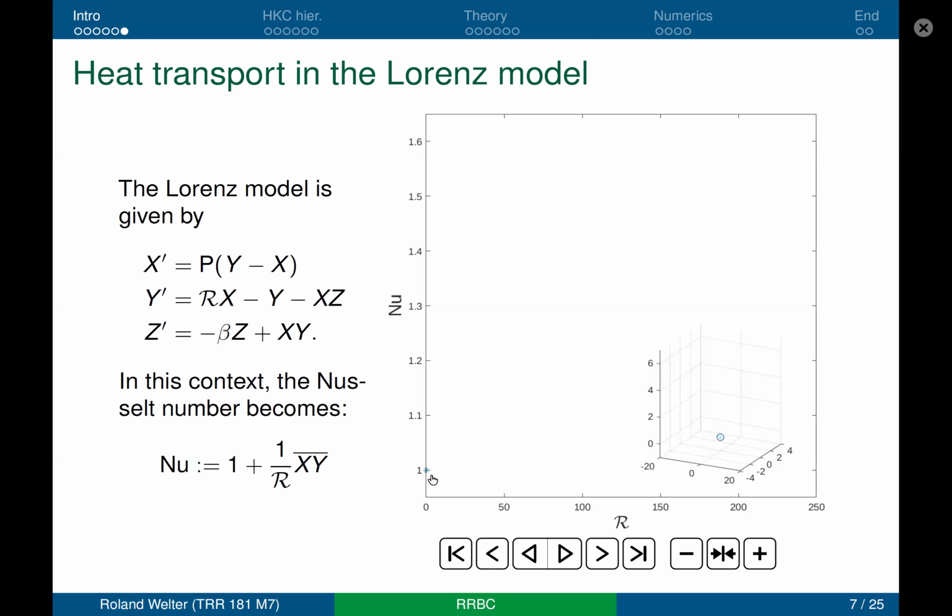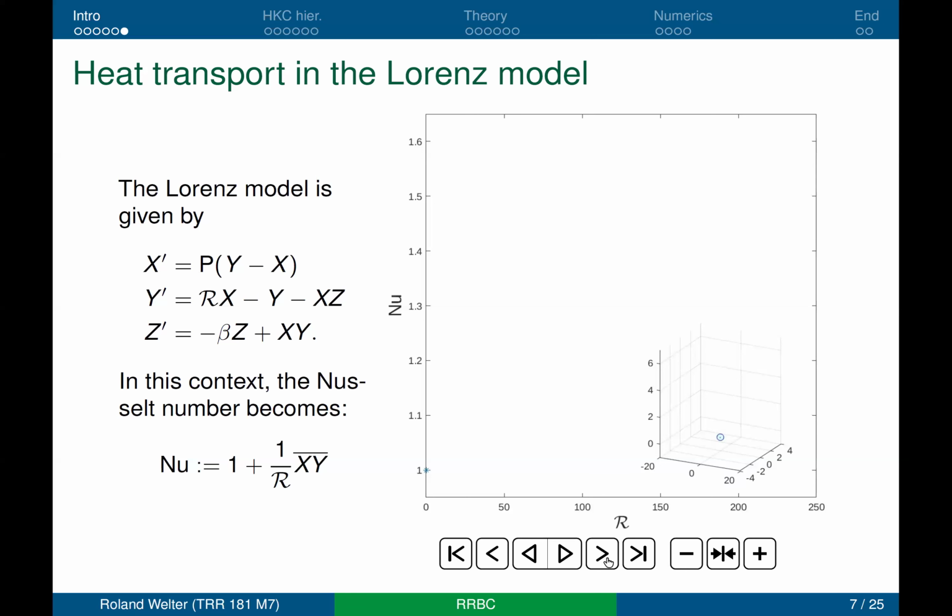If you begin from a random initial condition and let the flow evolve for some time, then for zero Rayleigh number this time average is zero, because wherever you begin, you settle down to the zero state.